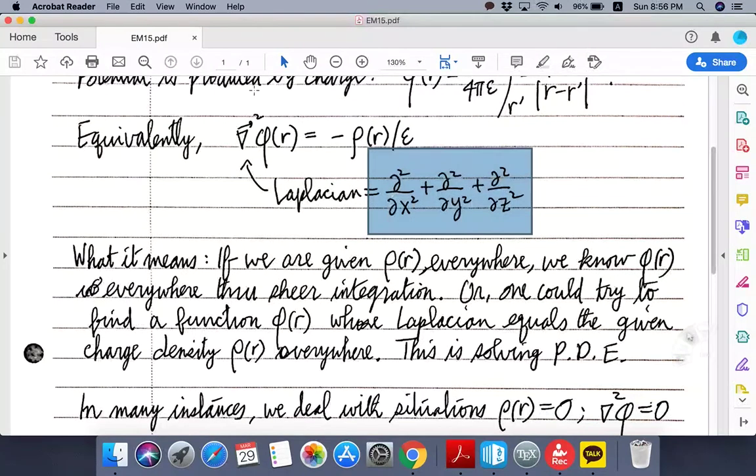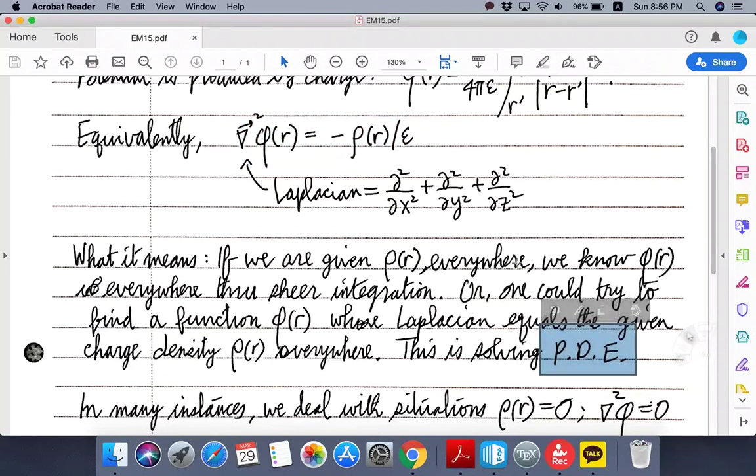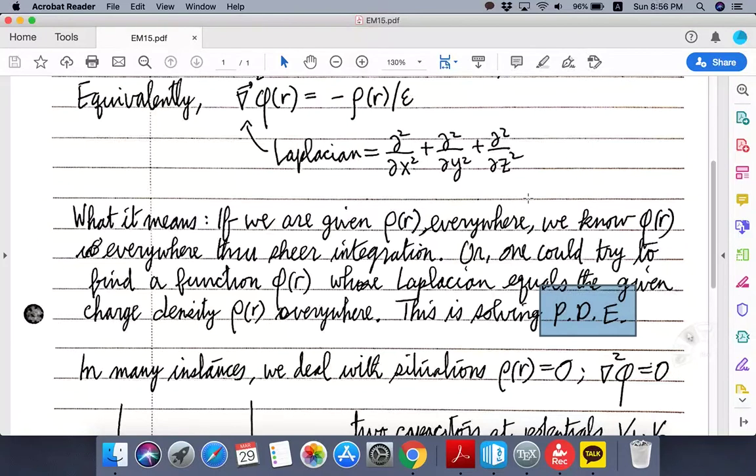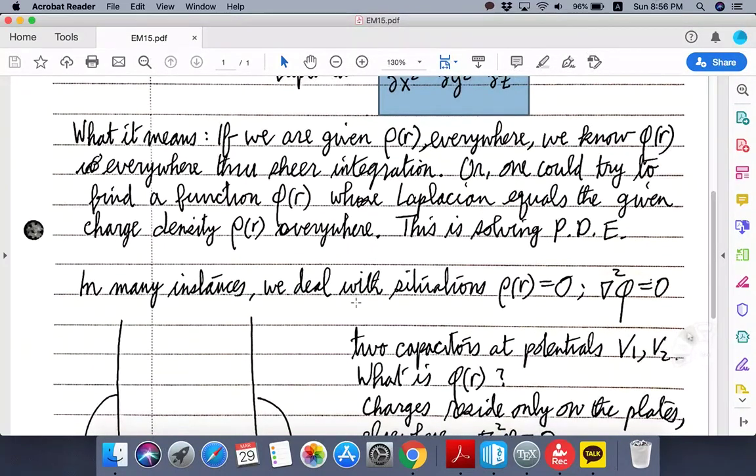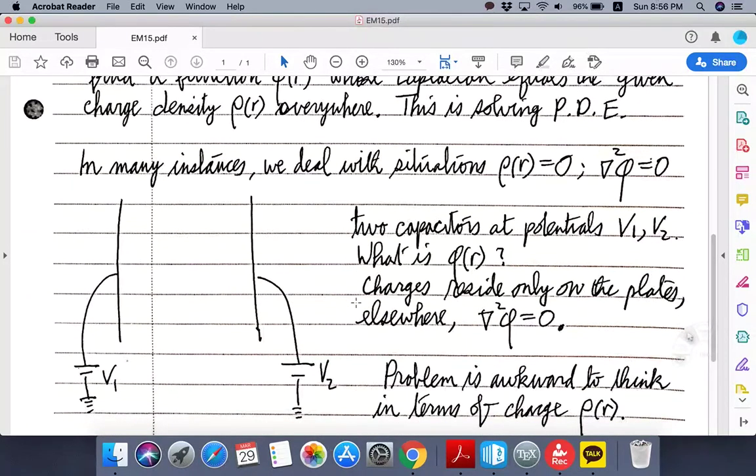The challenge in solving this differential equation is that this is not an ordinary differential equation depending on only one variable, but rather this is a partial differential equation depending on three different variables, x, y, and z. And if anything, partial differential equations are orders of magnitude more difficult to solve than ordinary differential equations. And in many cases, it's impossible to find solutions at all in an analytical form.